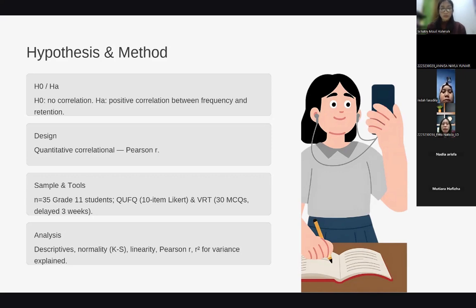The first one, a questionnaire, QUFQ, or quizzes usage frequency questionnaire, which consists of 10 Likert items to measure how often they use quizzes. The second, a vocabulary retention test, VRT, consisting of 30 multiple choice questions. Crucially, I gave them this test 3 weeks after they learned the words to test their memory. Then I put the numbers into statistical software to find the Pearson correlation. Next slide.